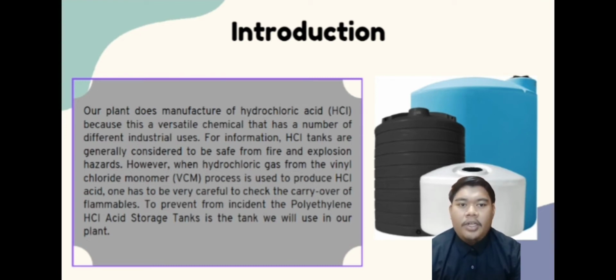plant. Polyethylene or poly tanks are made from cross-linked polyethylene XLPE, high density polyethylene HDPE, and low density polyethylene LDPE. Chemically resistant XLPE tanks are cost effective and the most recommended solution for hydrochloric acid storage.